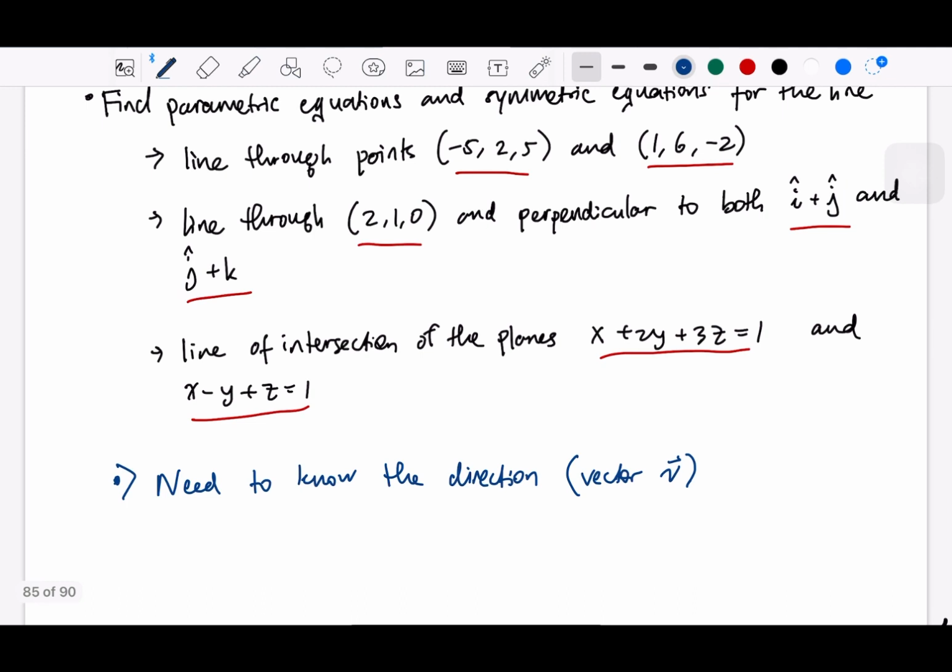So for the first one, we can take the vector v, 1 minus 5, 6 minus 2, minus 2 minus 5. And this will be 6, 4, negative 7. We can take this as our directions.